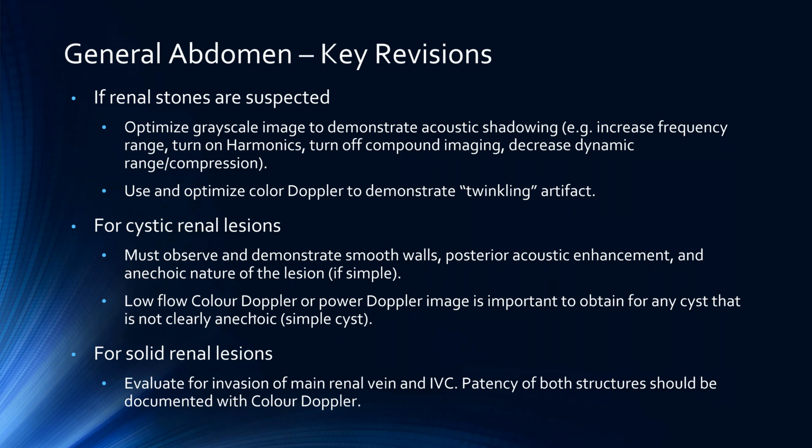Obviously, that includes decreasing the gain and power appropriately to clear up the internal contents of the lesion, and trying to accentuate any posterior acoustic enhancement. And then aside from that, really just trying to demonstrate smooth walls and exclude any type of nodularity.